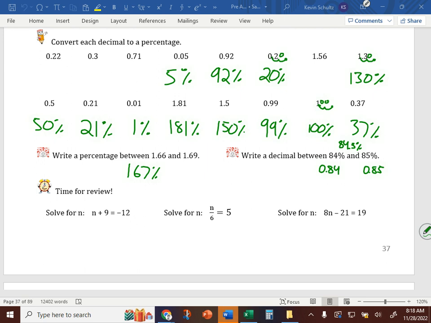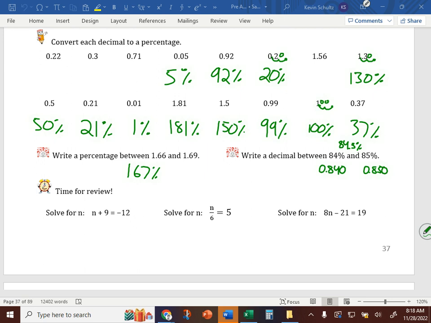Here's where knowledge of decimals is very, very handy. What can we add on to the end of both 0.84 and 0.85 and not change the value? Mia, a zero. Can you give me a decimal that's between 0.840 and 0.850?